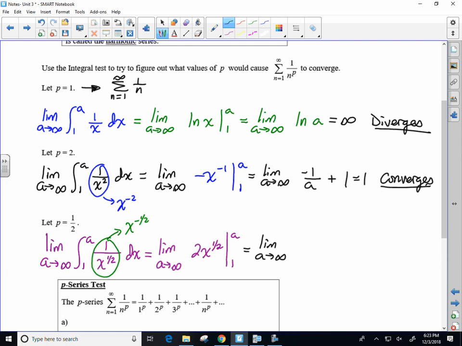So that would be the same as 2 times the square root of a, I'll write it as a radical instead of a fractional exponent, minus 2.